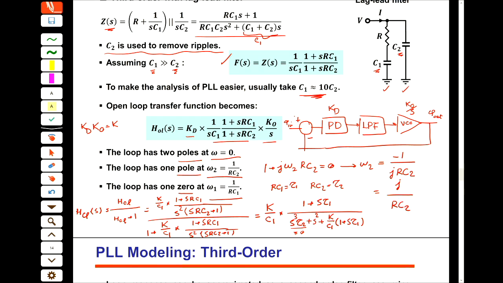So this is actually K over C1 multiplied by 1 plus S tau 1 over S squared plus K R S plus K over C1.